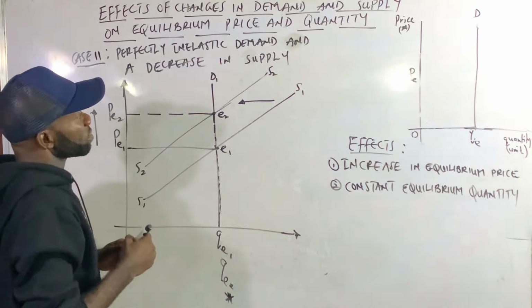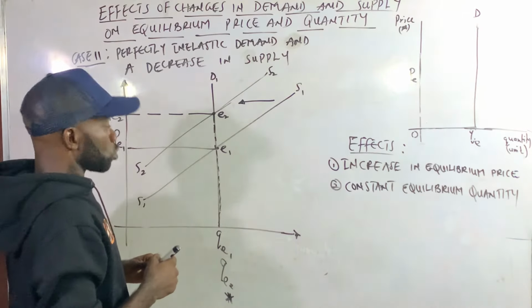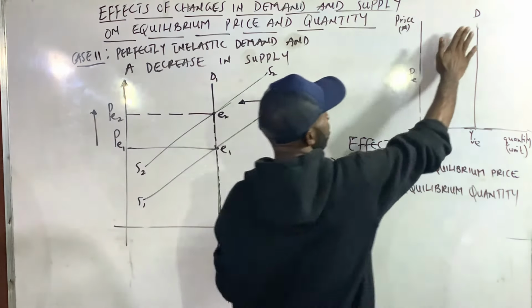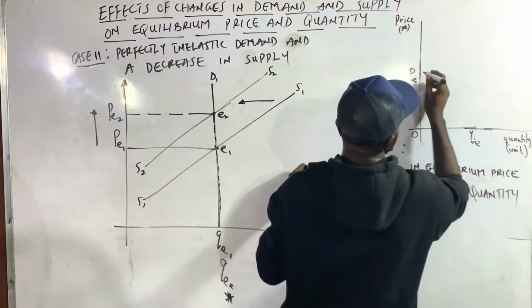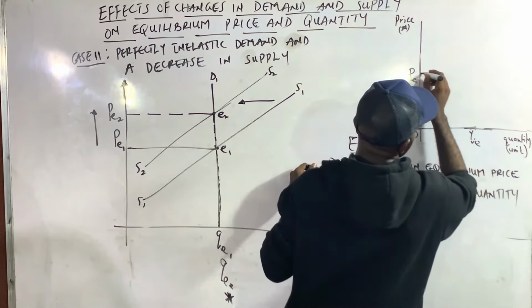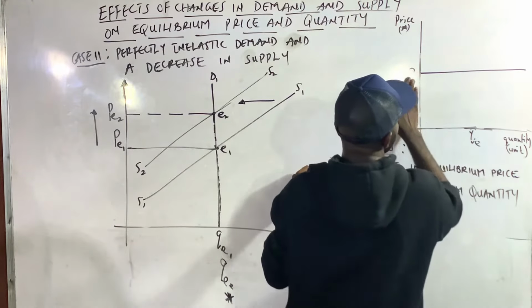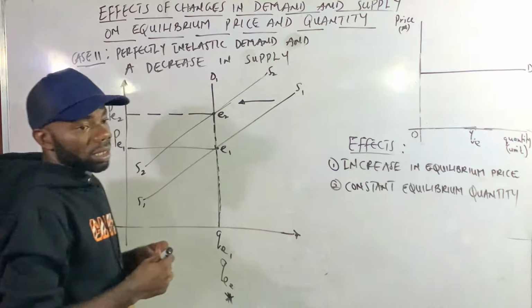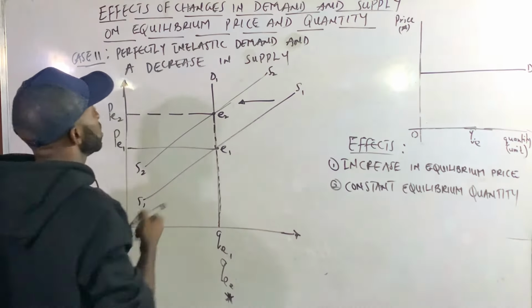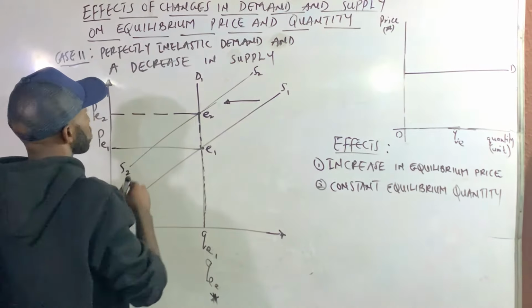In case number 11, we have to switch our demand curve. Our demand curve takes another shape, and that is perfectly elastic demand. And then we bring in whatever instruction we want supply to take.